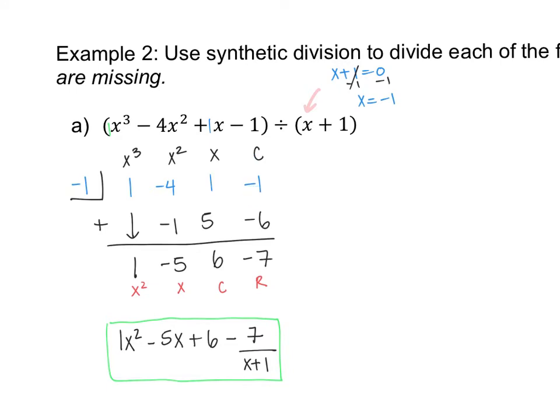After that, you're always going to take the first number and pull it down, and then this bottom number always gets multiplied to the number in the box. Okay, and then that number, so 1 times -1, goes back up here to the second line, and then it repeats.